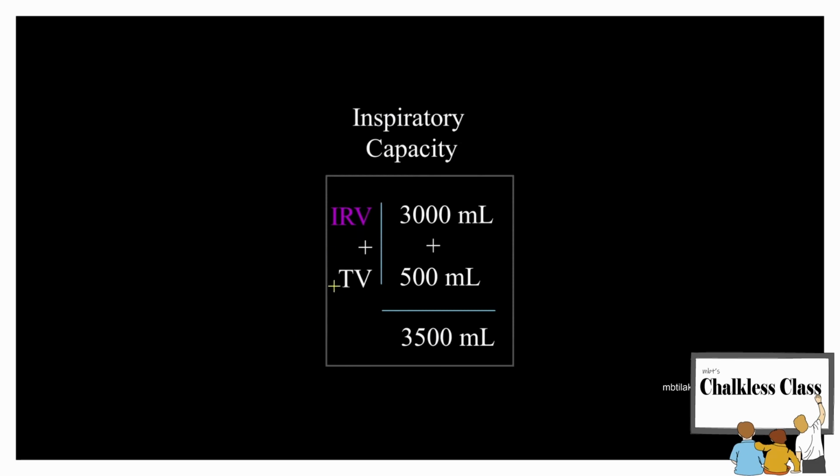You know that tidal volume is the volume of air inhaled without putting any effort, that is 500 ml. Excess volume of air inhaled by the contraction of the inspiratory muscles is called inspiratory reserve volume. This is 3000 ml. It may range from 2500 to 3000 ml. Inspiratory reserve volume and tidal volume together are called inspiratory capacity. This is 3500 ml.